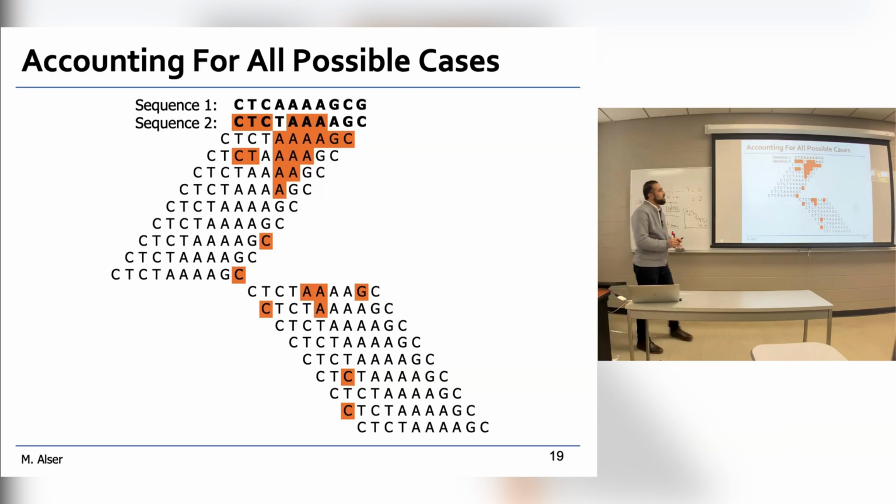Now, if I have a greedy choice to choose which one provides the largest number of exact matches, then I would go for this one and this one. Why? Because those two are the sequences that provide the largest number of exact matches. Here, I don't see many orange characters.